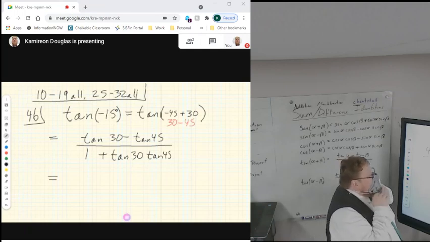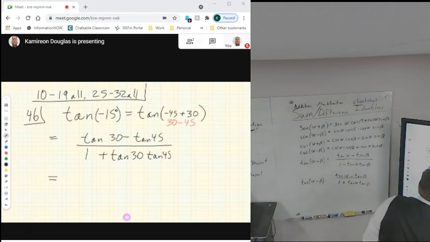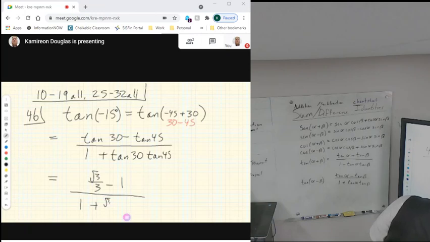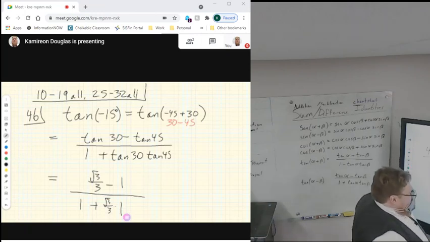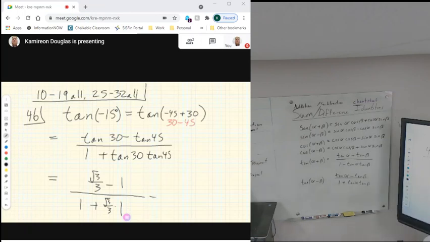Here we go. Tangent of 30, that is square root 3 over 3. Minus tangent of 45, 1. All over 1 plus square root 3 over 3, and 1. So we end up with this rather annoying fraction.